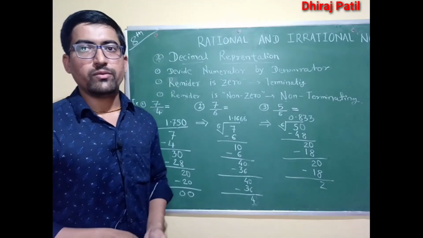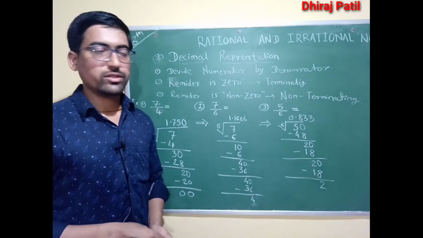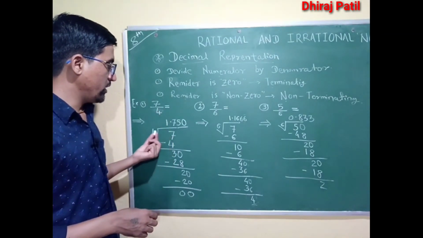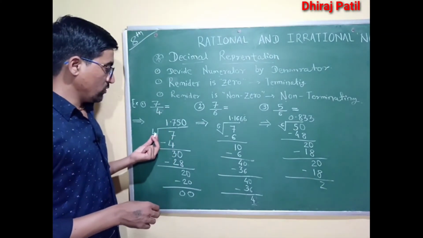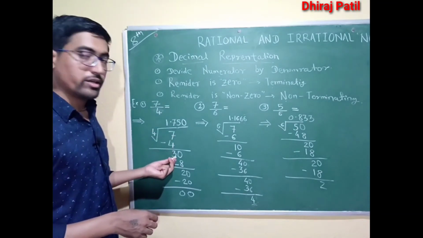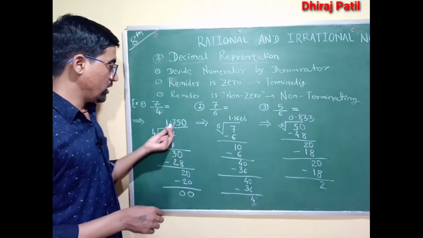Now friends, we will take some examples on decimal representation of rational numbers. First one is 7 by 4. 7 divided by 4. 4 ones are 4. 7 minus 4, our remainder is 3. But 3 is not divisible by 4, so we take 0, and here is the point.